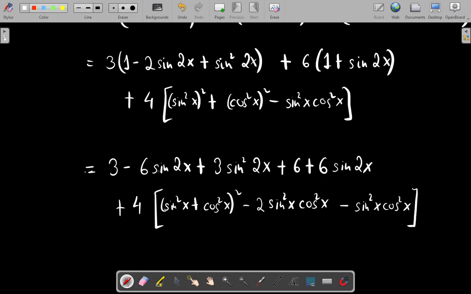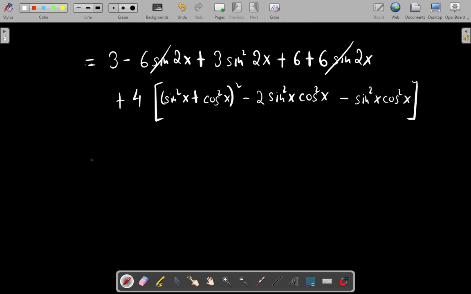So now if you look carefully, this minus 6 sin 2x and this plus 6 sin 2x cancel each other. So we have this 3 plus 6 becomes 9. 9 plus 3 times sin 2x, which is 2 sin x cos x, right? So this is (2 sin x cos x) whole squared, plus 4 times this, sin square x plus cos square x is 1, so this is 1 square.